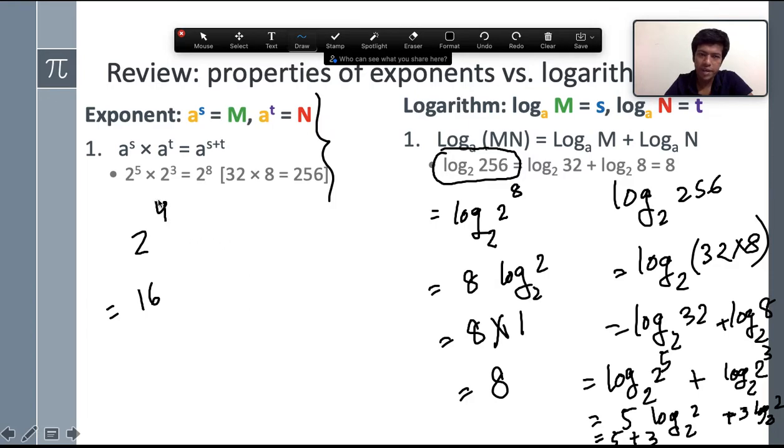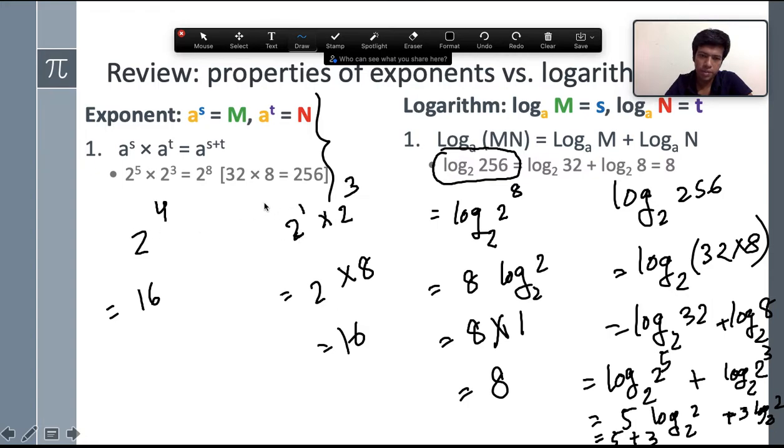Now if I break it down into smaller parts, I can write 2 to the power 1 times 2 to the power 3, since 4 is 1 plus 3. This equals 2, and this equals 2 to the power 3, which is 8. So this equals again 16. So if we just break it down, it works.